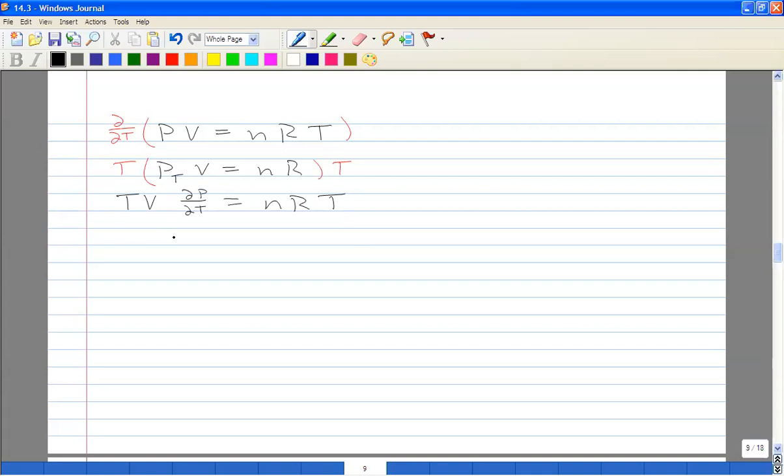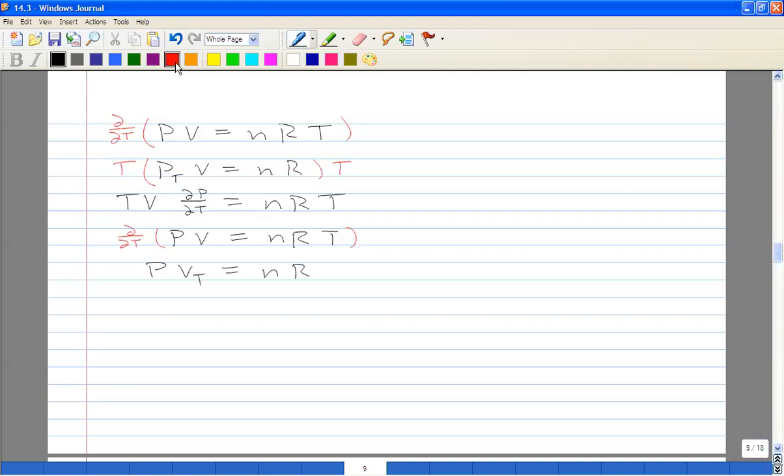Next, suppose that nRT. Suppose that I take the partial of this with respect to T, and the only thing that's varying is the V. And so this is P times partial v with respect to t equals nR.